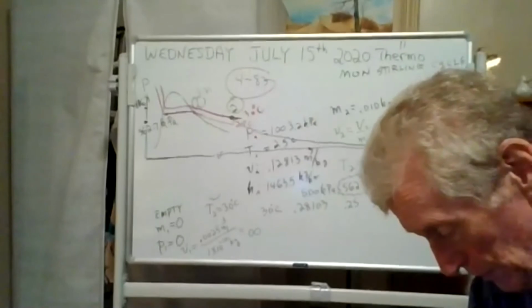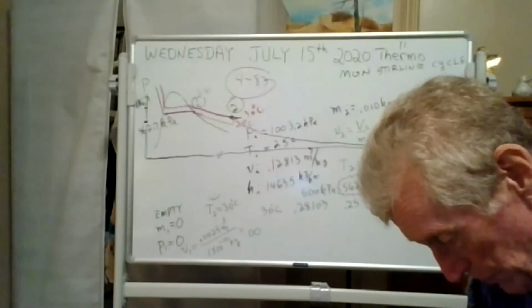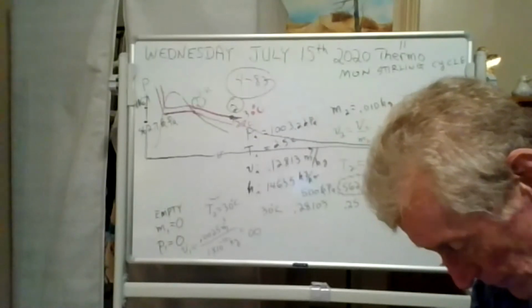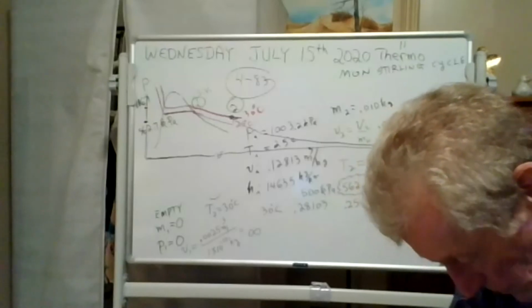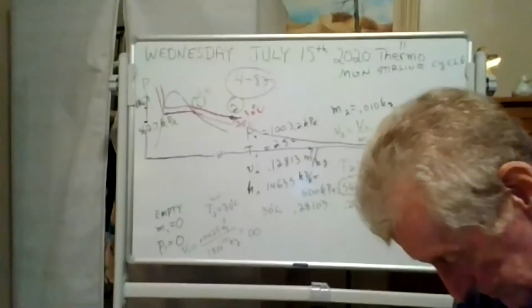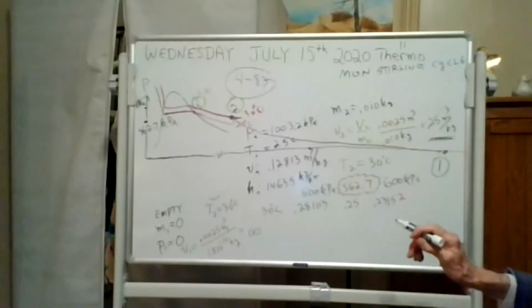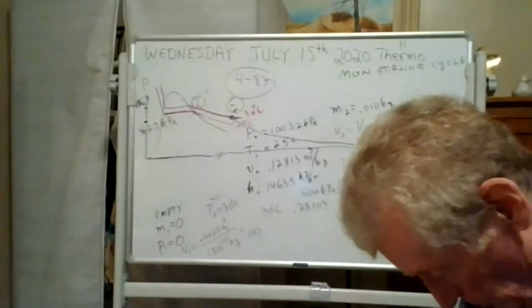And I lost my page here. Okay, 483. Yeah, there it is. Find the final pressure. That is correct. We got the final pressure. It's 562.7 kilopascals.